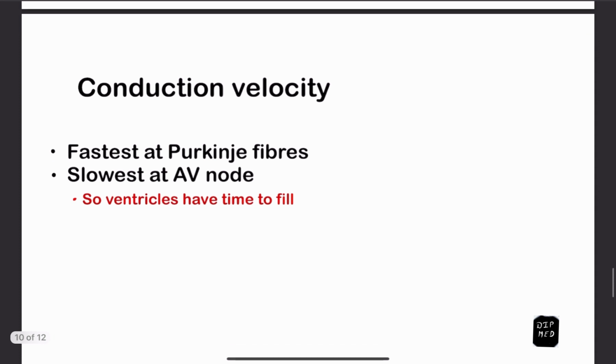Conduction velocity is the speed at which the electrical signals move through the heart. Purkinje fibers have the fastest conduction velocity and the AV node has the slowest conduction velocity. Conduction velocity being slowest in the AV node is very important because it buys time for the ventricles to fill with blood.